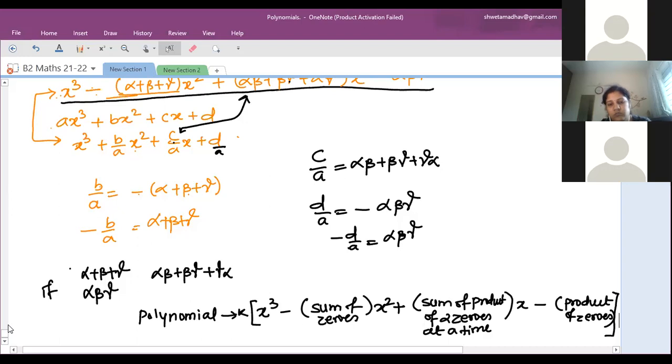Ma'am, this is to find when the three zeros are given, right? Yeah. Ma'am, in the 50th question, are we supposed to write the general formula?